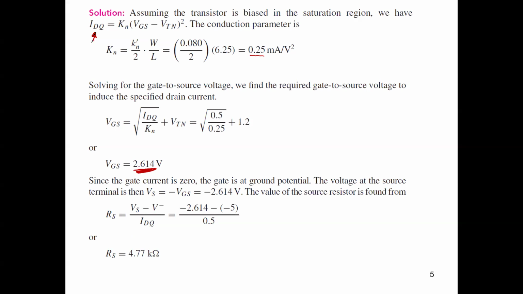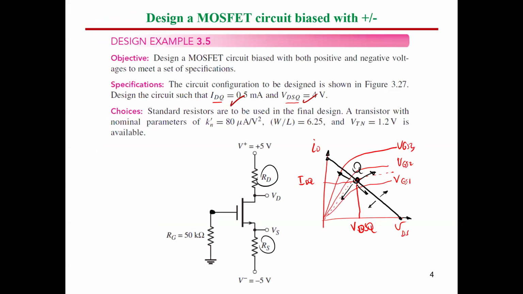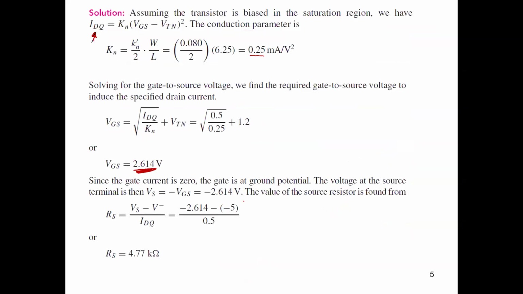So if we go back to the circuit, we have the value of VGS. So this is what we got now. This is the gate to source volt.